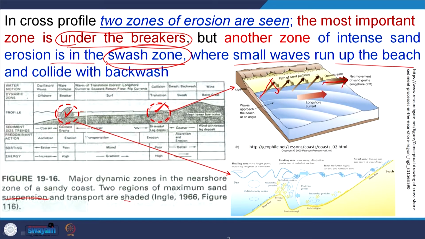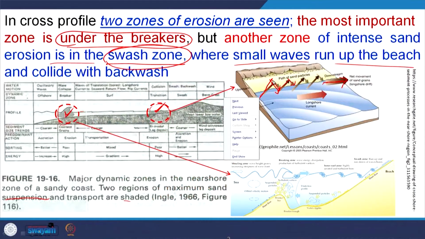However, the sand is moving at an angle and coming back vertically. This is similar to the creep movement we discussed in mass wasting, but there it was on a vertical scale and here it is on a horizontal scale. Suppose a sand particle is here in the swash zone; it moves at an angle and comes back vertically, and again moves at an angle.